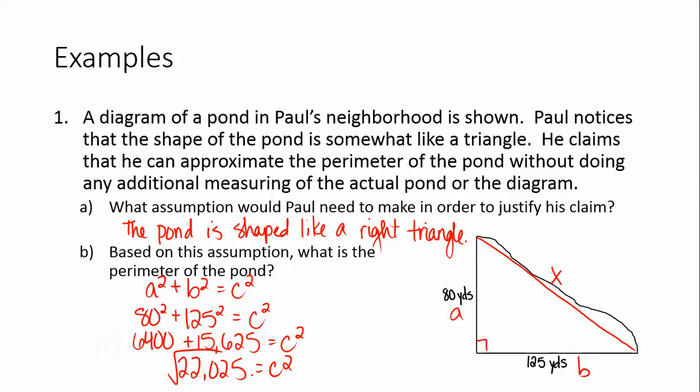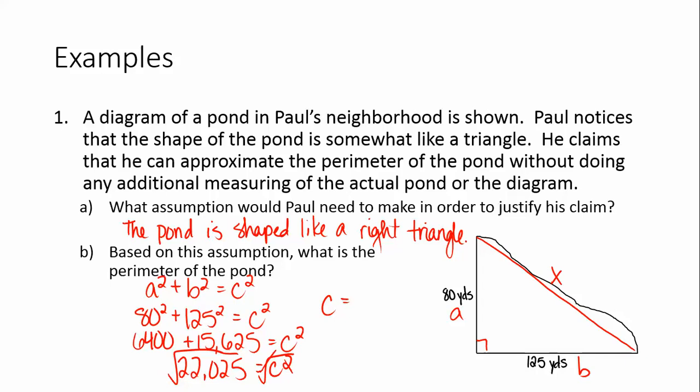We have to square root both sides, remember, to find what c equals. So c equals the square root of 22,025, and that's going to give us a decimal, 148.408.